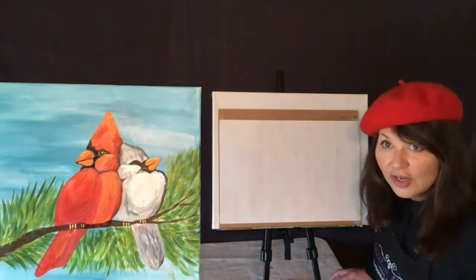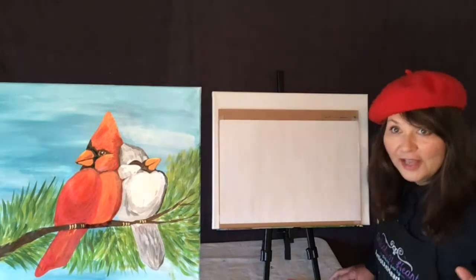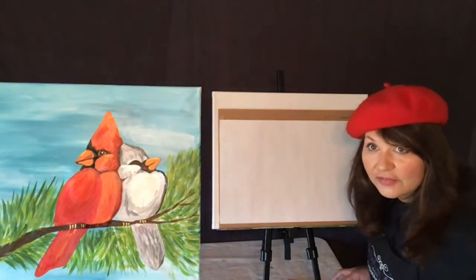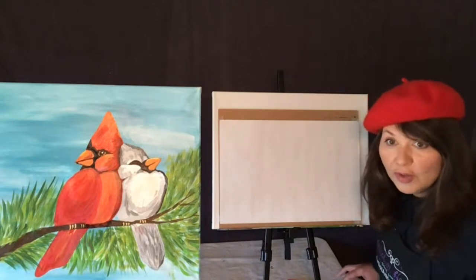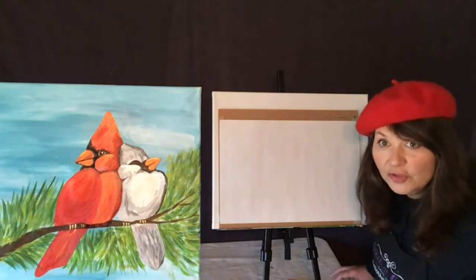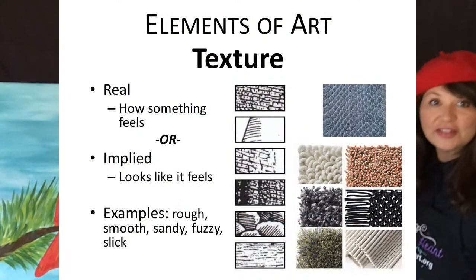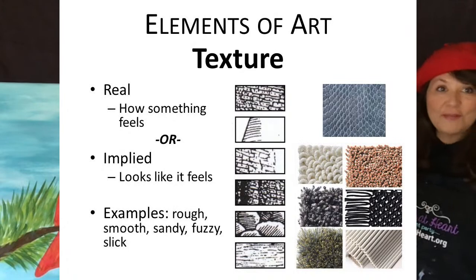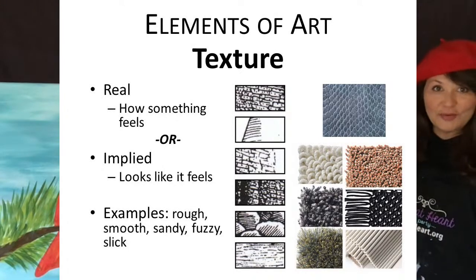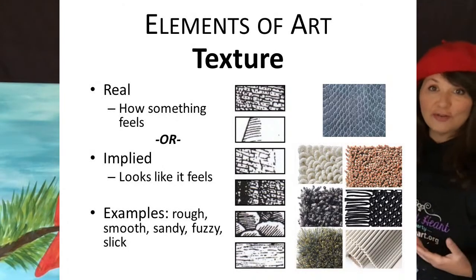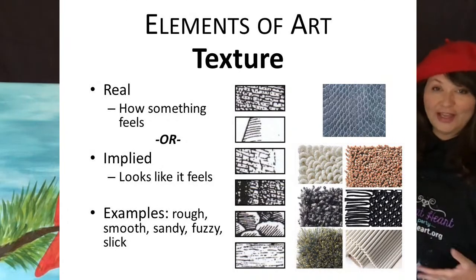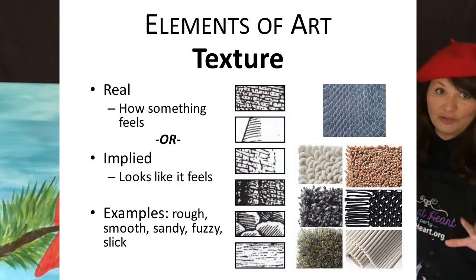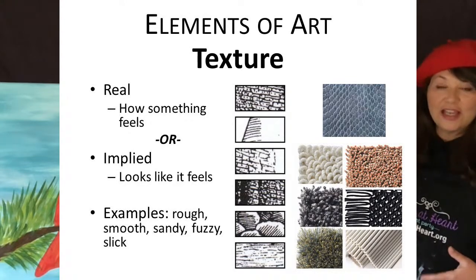So I want to show you guys. Hey, Amelia. Let's see if I got this right. I pulled this up for you guys. Since this is my virtual classroom, I always used to have this in my art room, but now it's virtual, so I'm going to share it with you. The elements of art. Today we're going to focus on texture. Texture is the way something really feels when you touch it, or it's implied.